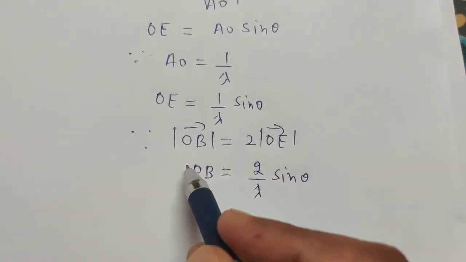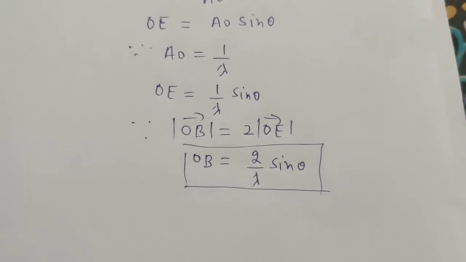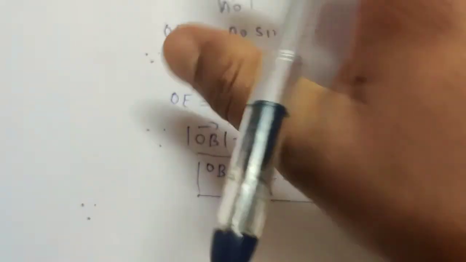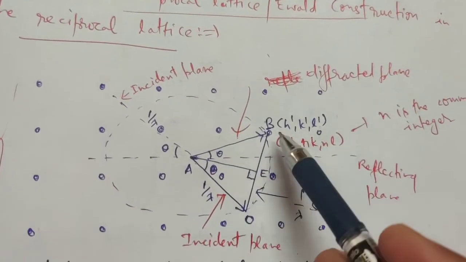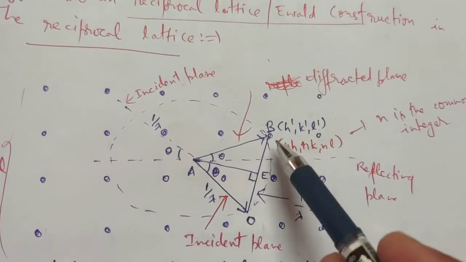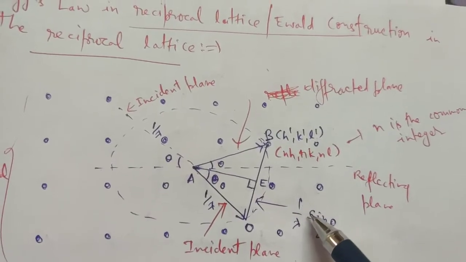OV is equal to 2 upon lambda sine theta. Also, I have told you that OV is your reciprocal lattice vector, and its magnitude will be n upon d HKL.